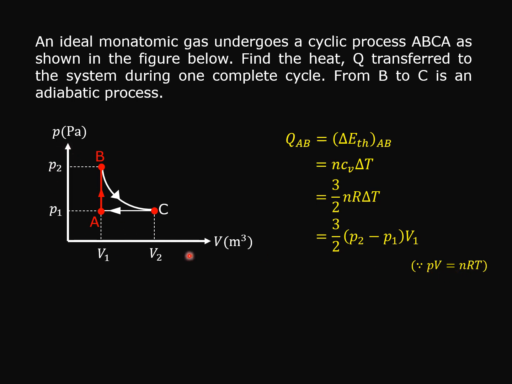We can also see from the graph that the pressure increases from P1 at state A to P2 at state B, while the volume is fixed at V1. That is why we can substitute nR delta T by delta PV, where V is V1 and delta P is P2 minus P1.